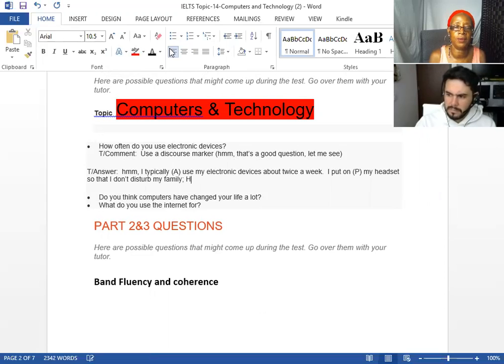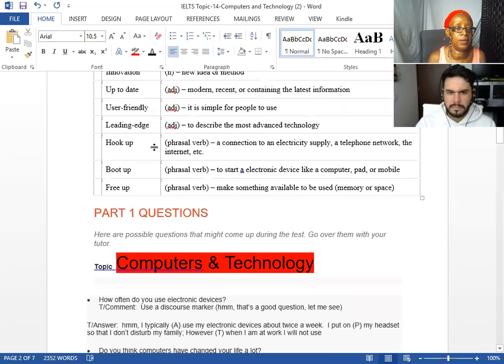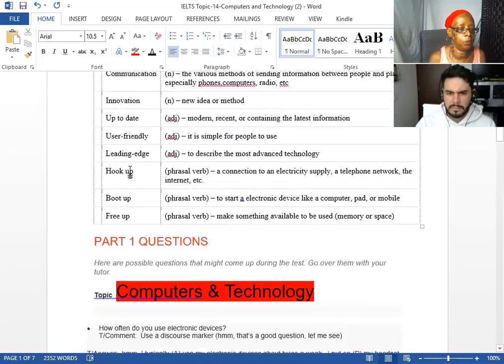Then, however, this is your transitional phrase. When I am at work, I will not use, when I'm at work, it's what I'm looking for, a technology word.